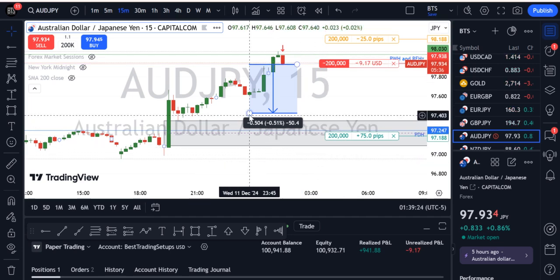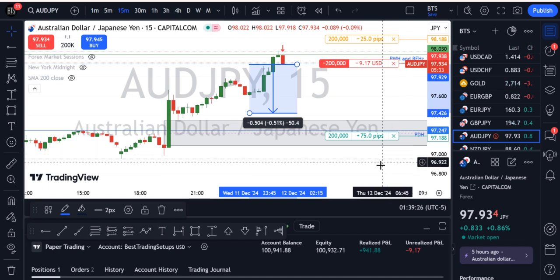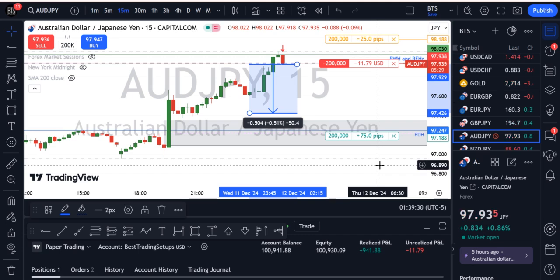Then our take profit 3 is going to be 75 pips. $97.1.